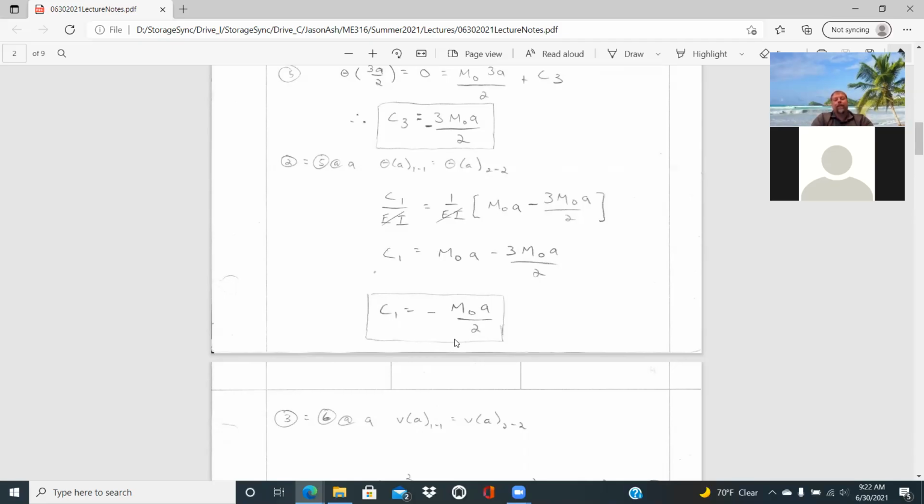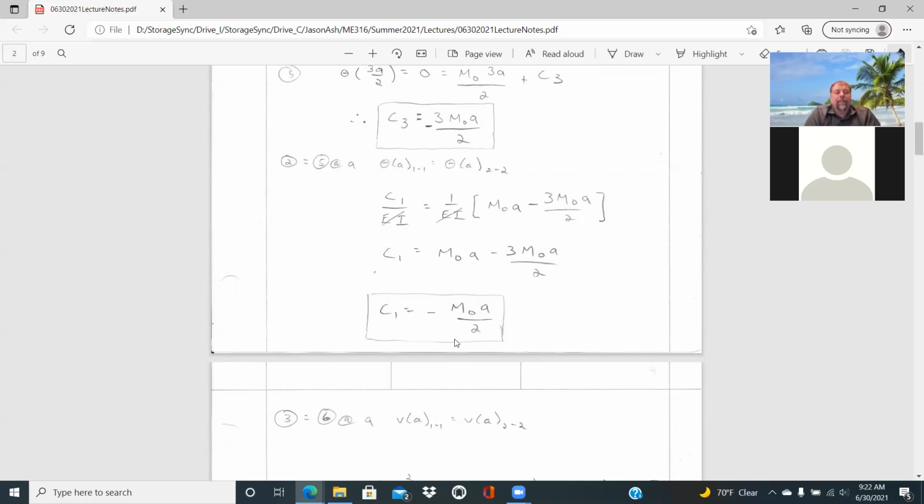And so now we've really established that need for continuity, because we really didn't have any conditions on that left-hand side to be able to solve for C1. But when we look then at the second section, and we need to set those slopes equal to one another at that point of x equal to a, where they have to be equal to one another, we're able to solve then for those constants of integration.